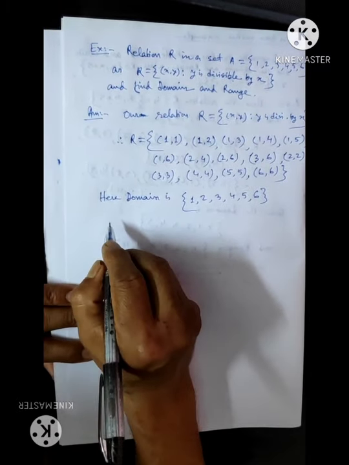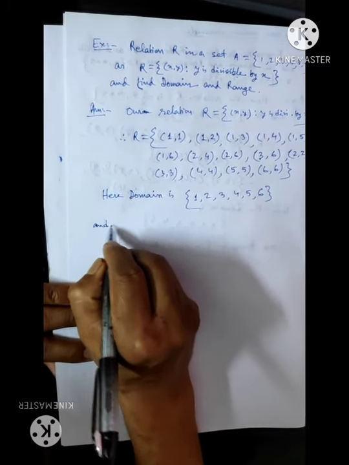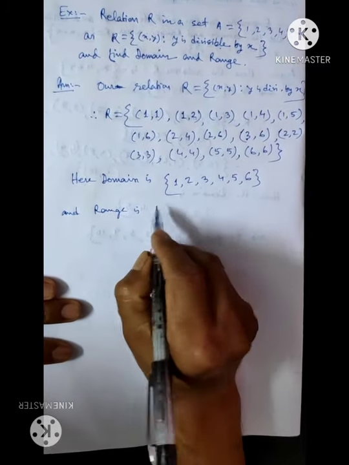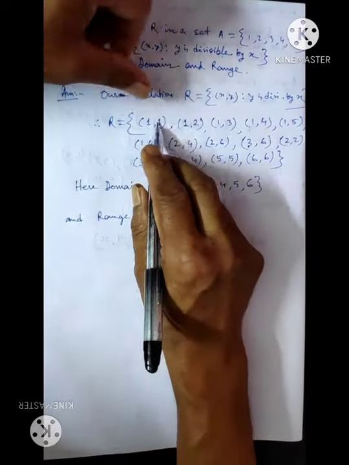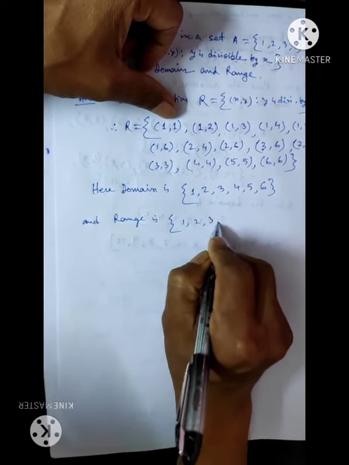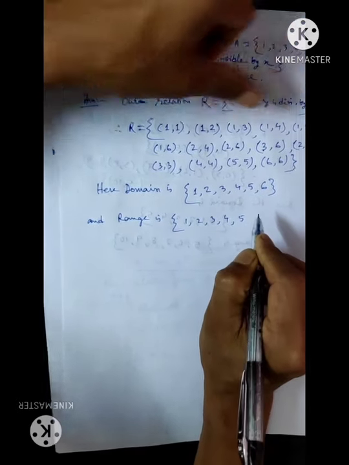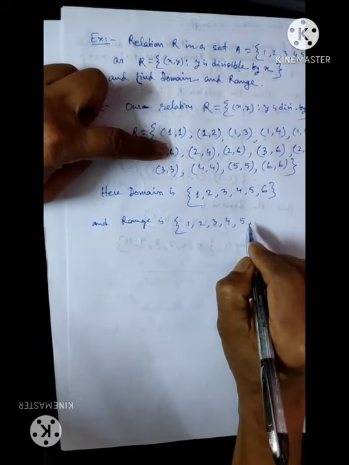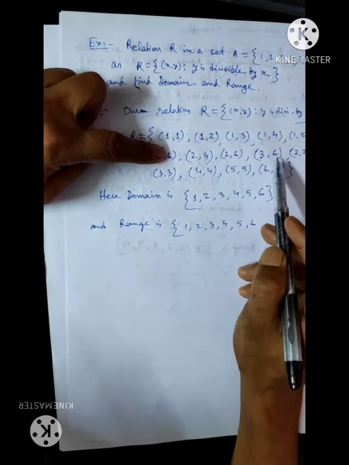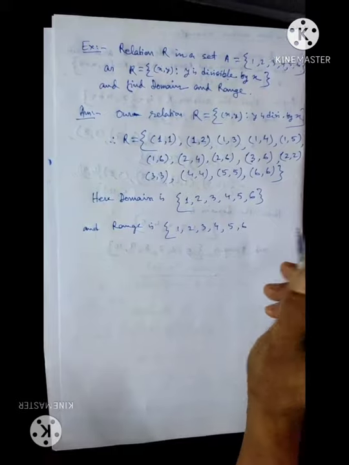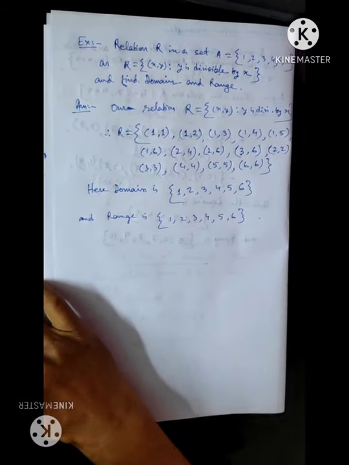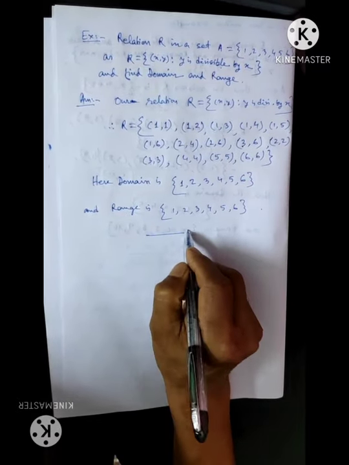Repeated elements like 4 and 6 and 2 are already written. This is the range of the relation. This is the answer of the question.